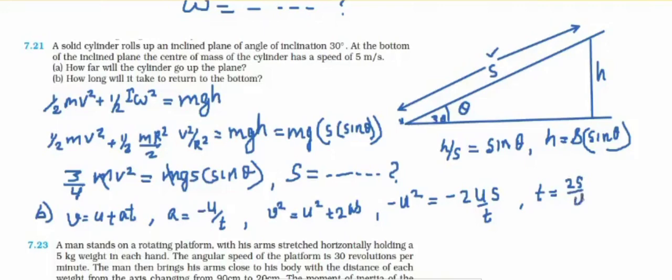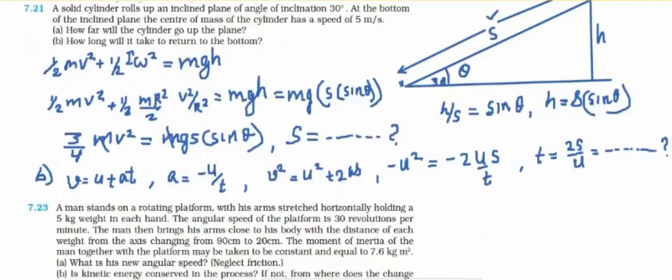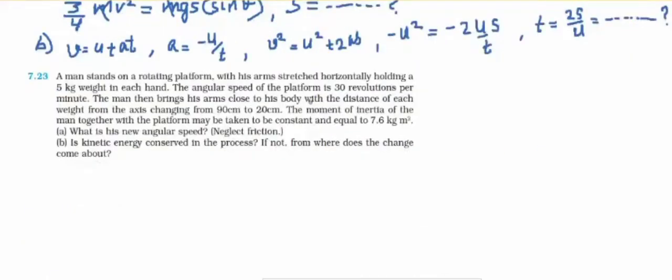Yes, you have calculated s already. u is the initial velocity 5, so that t we can calculate, and t will give you the time taken by the cylinder to reach the maximum height. And the question is, how long will it take to return back? So it's double. 2t will be the answer to part B. Okay. Now next, question 23.